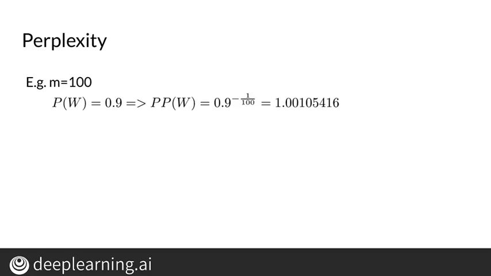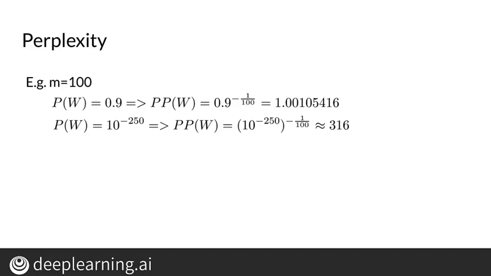As you can see, the perplexity for that model and test set is about 1, which is very low. The second model returns a very low probability for your test set, 10 to the power of -250. For this model and test set, the perplexity is equal to about 316, which is much higher than the first model.